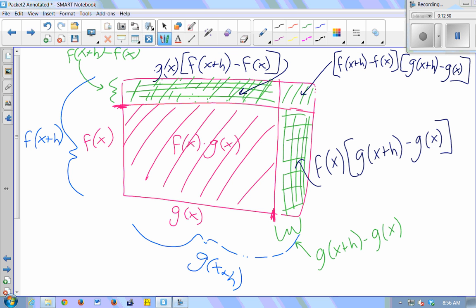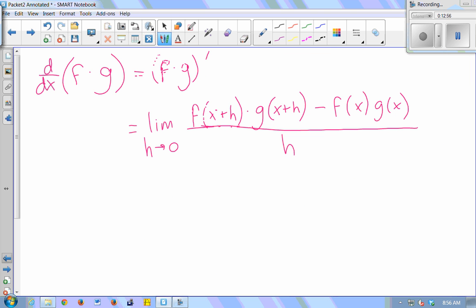Okay, so go back to the big picture. I'm trying to figure out a better expression for f of x plus h times g of x plus h minus f of x times g of x. This one represents the large rectangle, the whole outer thing.